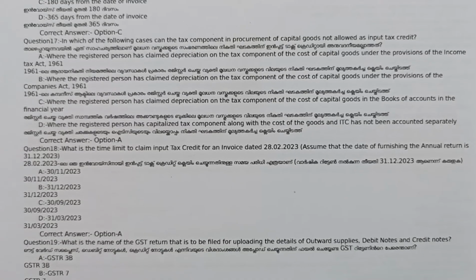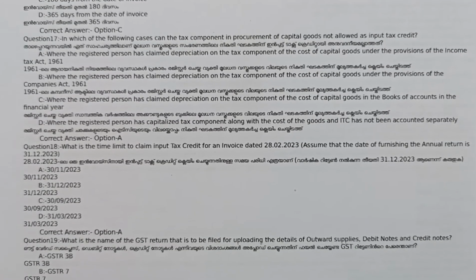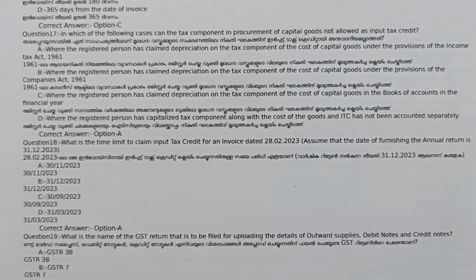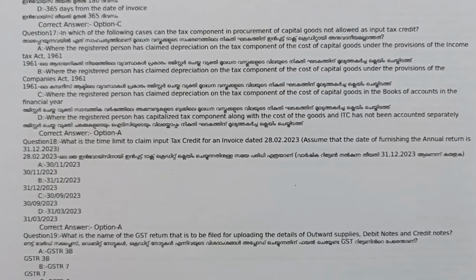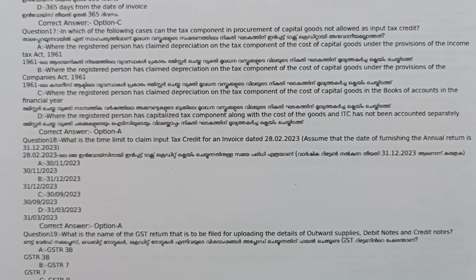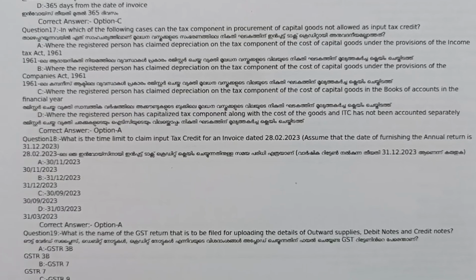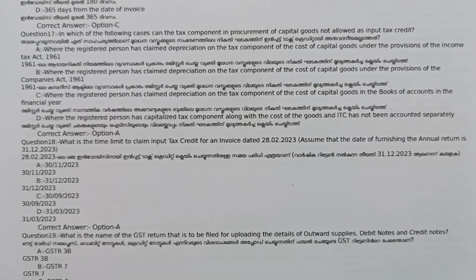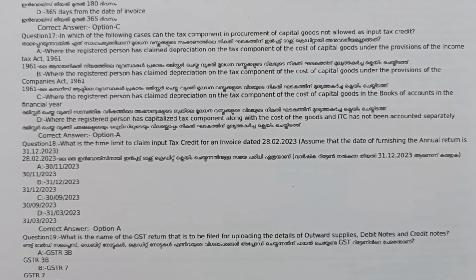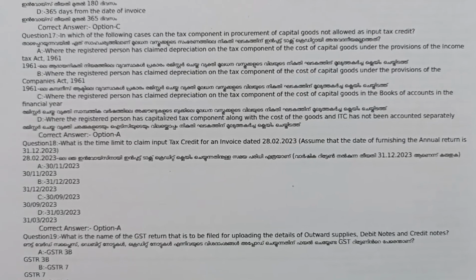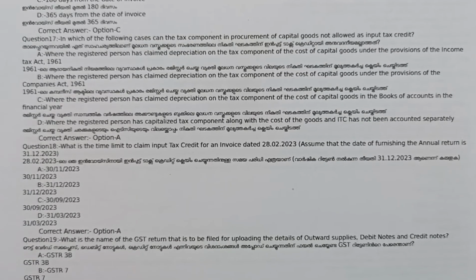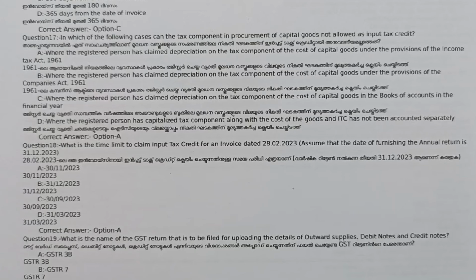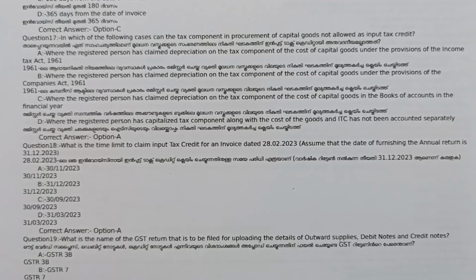Option C, where the registered person has claimed depreciation on the tax component of the cost of capital goods in the books of accounts in the financial year. Option D, where the registered person has capitalized the tax component along with the cost of the goods and ITC has not been accounted separately. Correct answer option A, that is, where the registered person has claimed depreciation on the tax component of the cost of capital goods under the provisions of the Income Tax Act 1961.